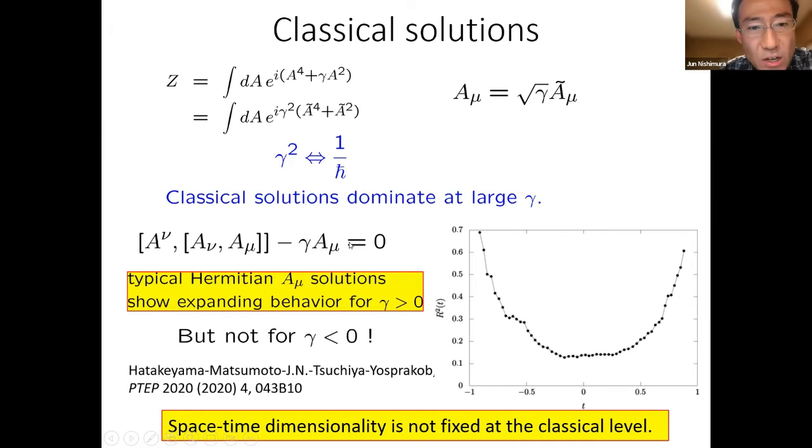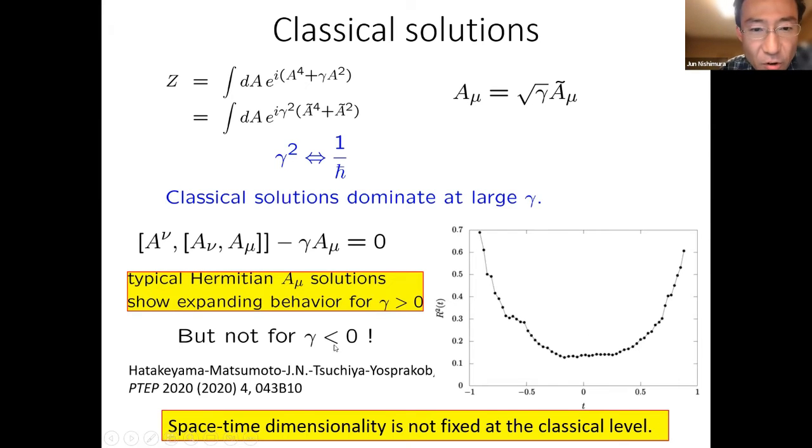You have this equation of motion, which you can solve numerically, and we did it in this paper. Surprisingly, there are infinitely many Hermitian A mu solutions which have this expanding behavior. I'm going to tell you later how we can extract the time evolution from matrix configurations.